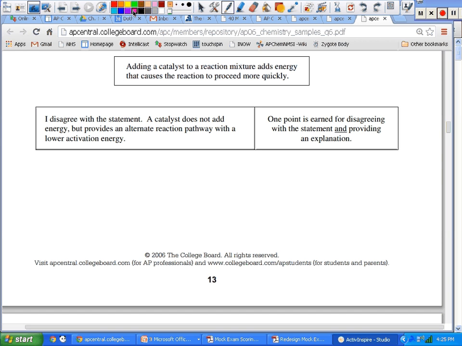Everybody got the sufficient energy and the correct orientation, but what I failed to mention, and what the key said explicitly, is you had to mention it had sufficient energy to overcome the activation energy. And it said, bold and underlined, must mention activation energy. So everybody got both ideas, but it was that one little phrase that cost points. So again, adding a catalyst adds energy. That's the part that messes it up. It does cause the reaction to proceed more quickly. However, it provides an alternate pathway by lowering the activation energy. That's the key to that phrase.